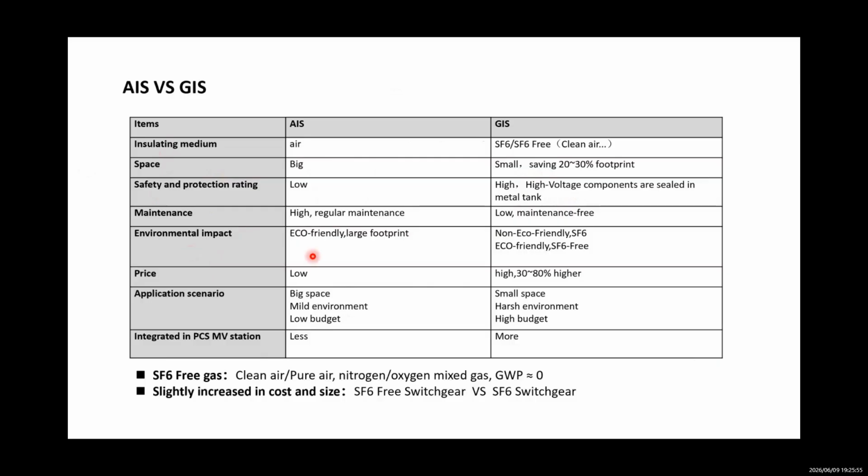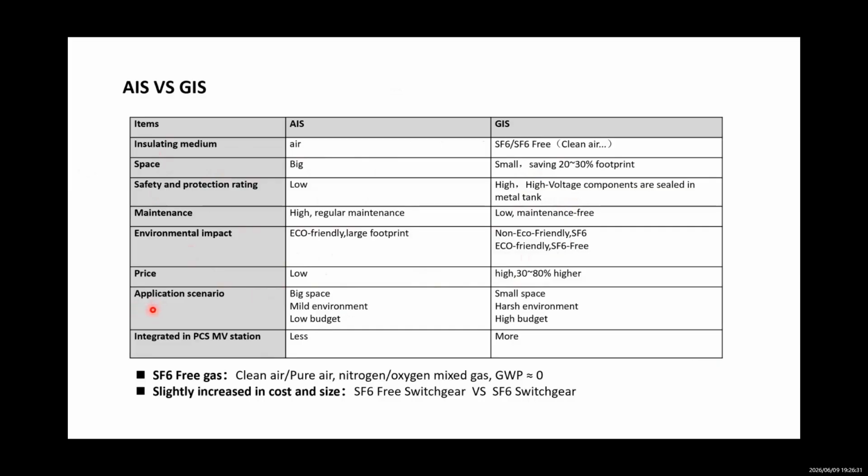For environmental impact, AIS is totally eco-friendly but needs a large footprint. For GIS, it depends: if you're using SF6, it's a non-eco-friendly system, but if you're using SF6-free, it's an eco-friendly system. For price, AIS is lower, and GIS is higher, normally 30 to 80% higher than AIS.